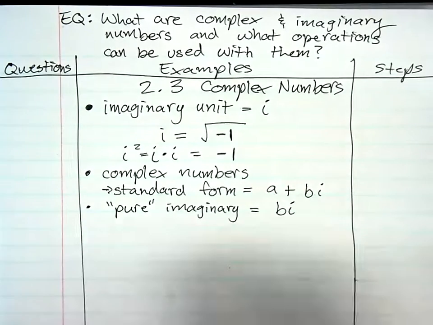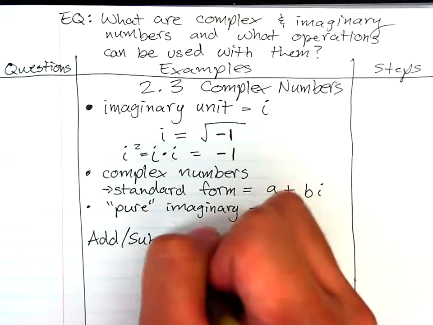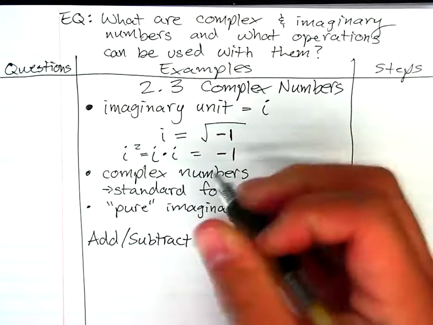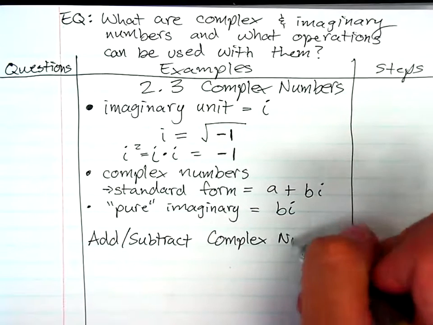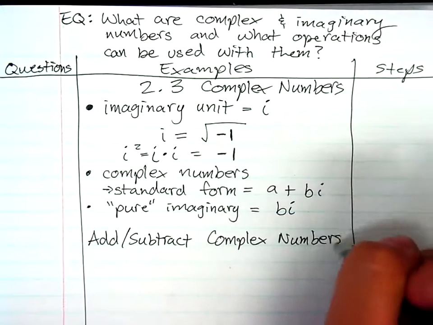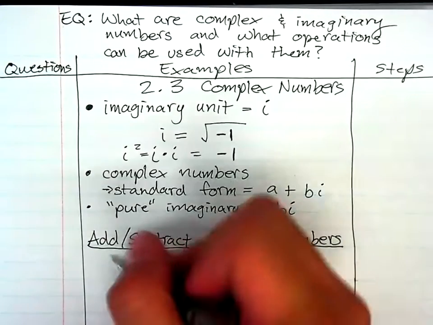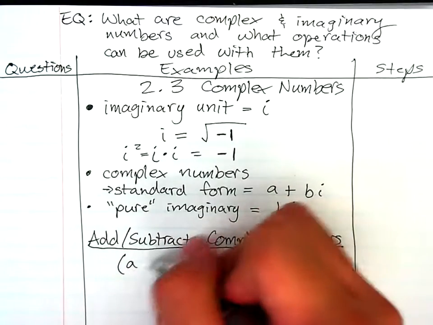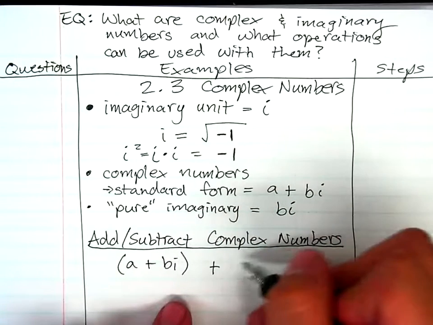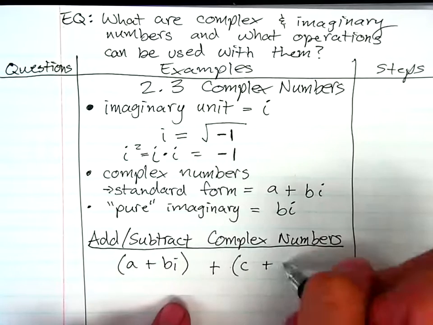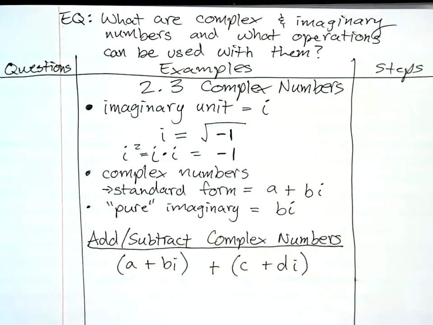First thing that we're actually going to do is add and subtract imaginary numbers, or complex numbers to be more precise, because we're incorporating real numbers into this as well. So adding, subtracting complex numbers, the basic rule is that if you're adding two different sets of complex numbers, you have a plus bi, and then the other one would be different variables, so c plus di, what you do is you're actually combining like terms.